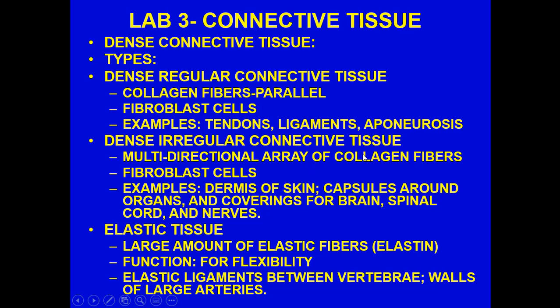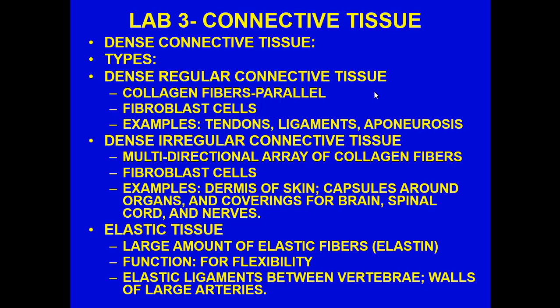The types of dense connective tissue are dense regular, dense irregular, and elastic tissue. Now, you might sit there and say, what does that mean? Well, we're going to show you where it's going to be present. Dense regular tissue, think of it this way. The collagen fibers are all parallel, so they're all stacked on one another. So they have the great capability of handling stress, stretching, and holding things together.